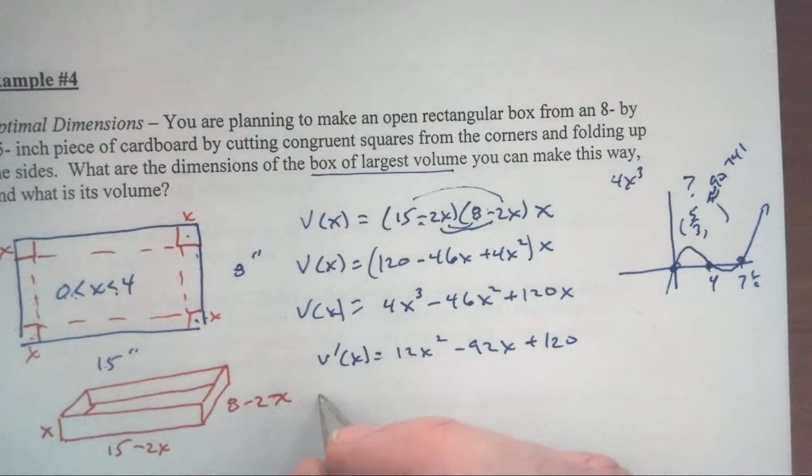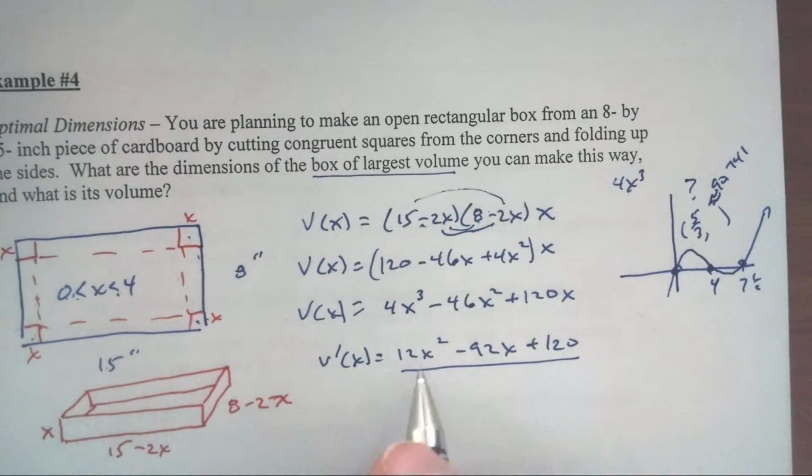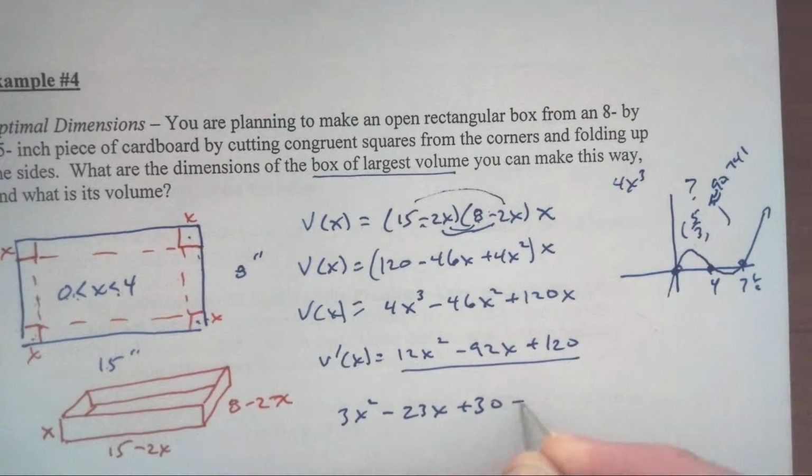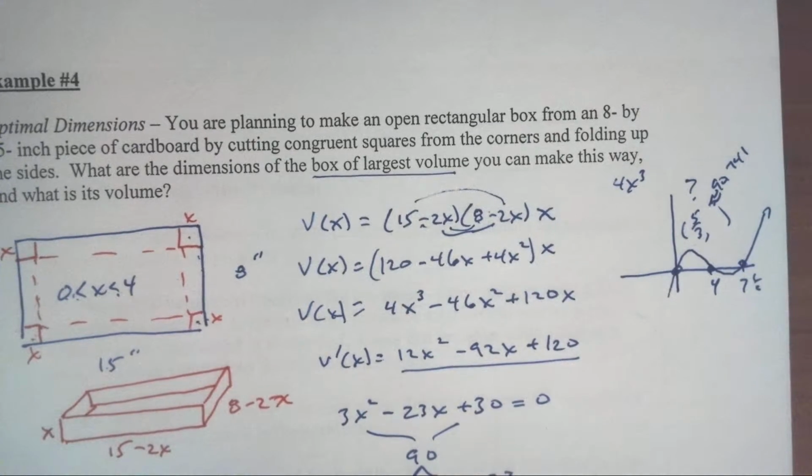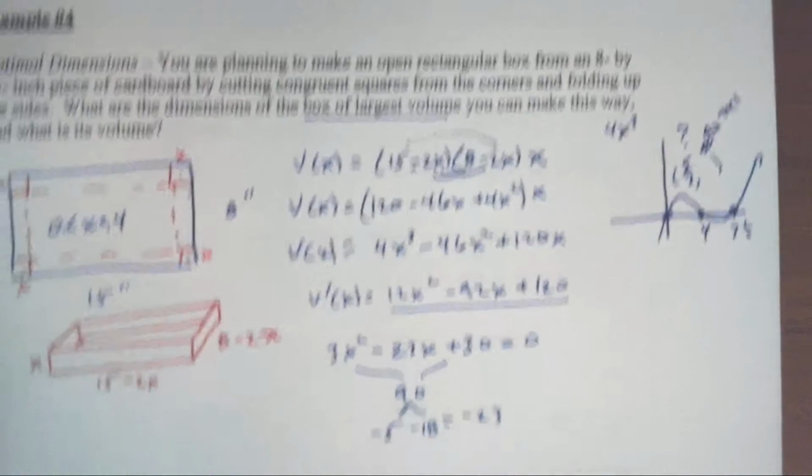And if I set that equal to 0, I can divide by 4 and I get 3x squared minus 23x plus 30 equals 0. I need factors of 90, which add up to negative 23. Negative 5 and negative 18 get the job done.